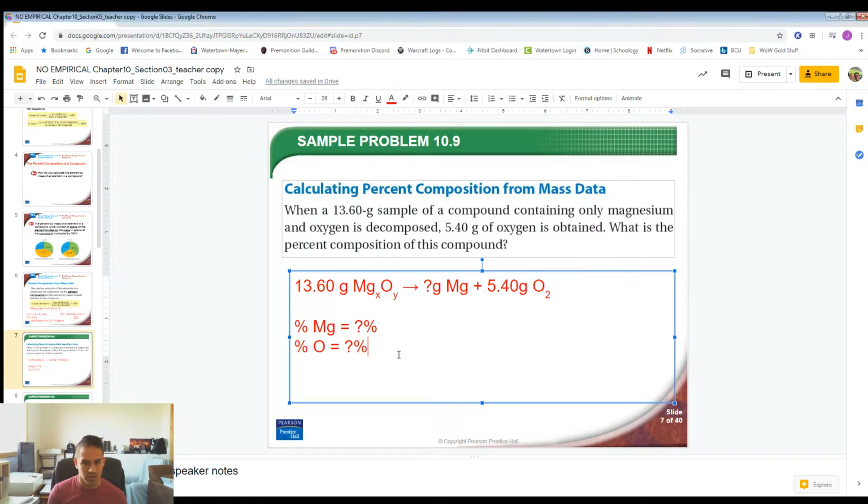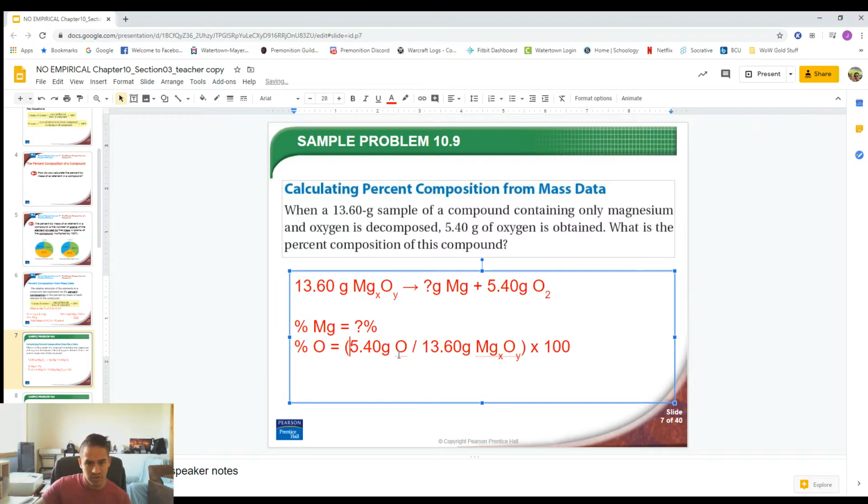Now for the oxygen, we already know what that is because they gave it to us. So we would take 5.40 grams of oxygen, divide by the 13.60 grams of this compound, and then multiply that by 100 to make it a percentage.